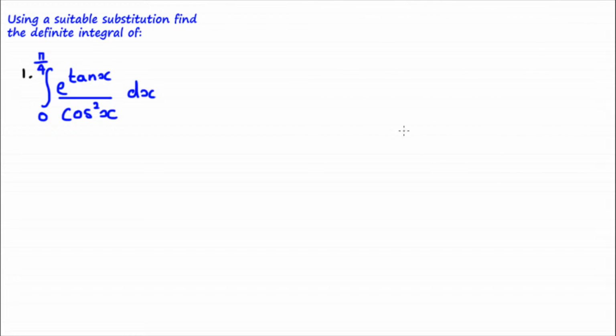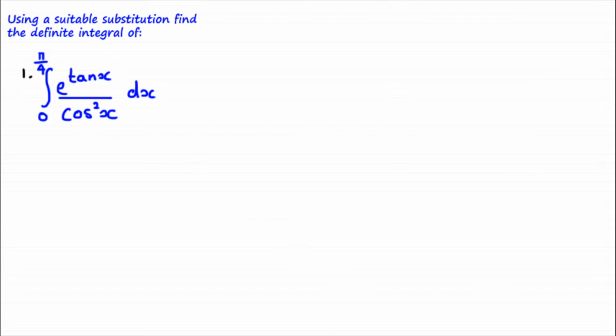All right. So in this question, we need to integrate this integrand, and one of the things we said was when we're choosing a u substitution, always try and find something that when you differentiate it, it gives you something that's in the function.